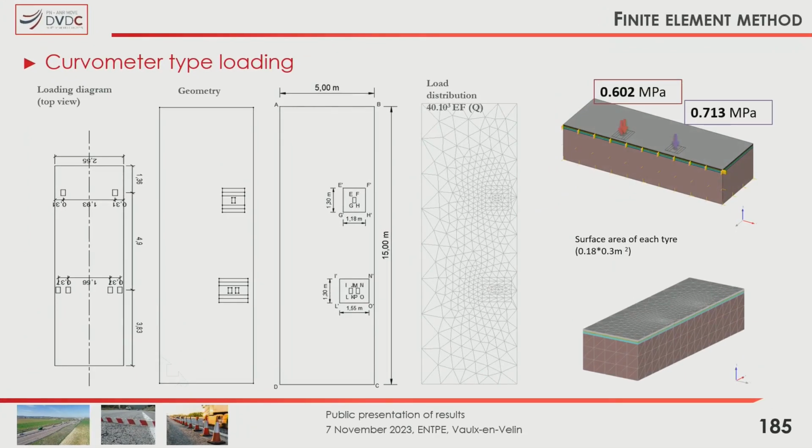The device that we considered was a curvometer. So we looked at half the load on a surface of 5 by 15 meters, and we can see here the front and back pneumatic effects.